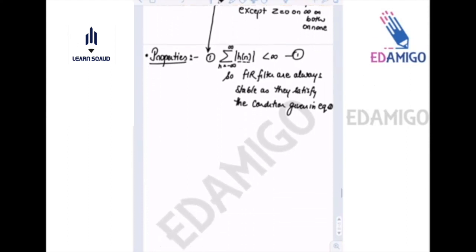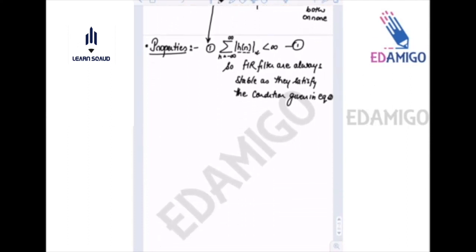Because h[n] is non-zero only for a few values of n, and it is always a finite value, the sum will also be a finite value.